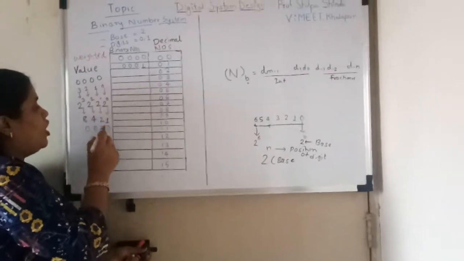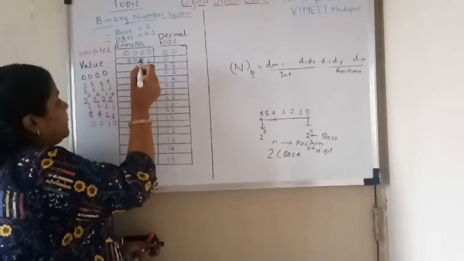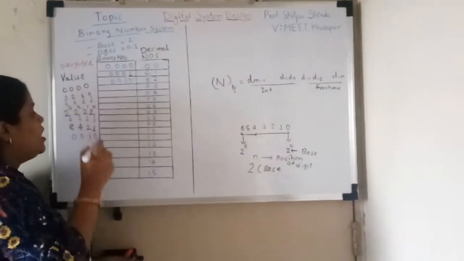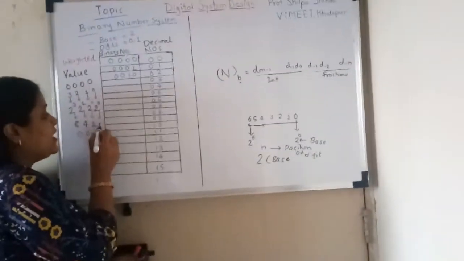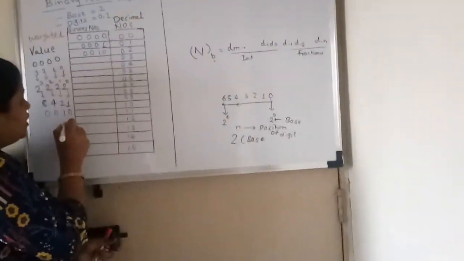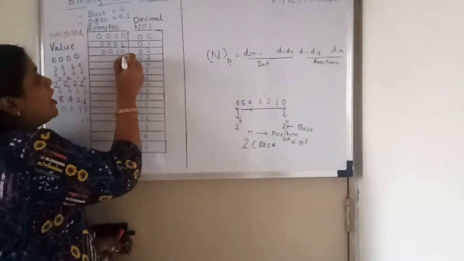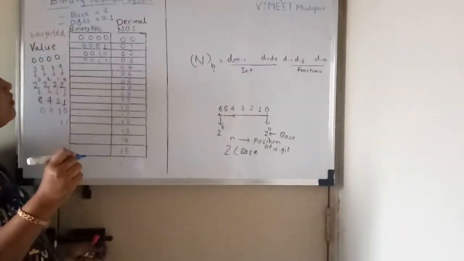So the value of 2 is 0 0 1 0. Now I want 3 to be displayed. 2 plus 1 is 3, so 2 bits will turn to 1: 0 0 1 1. This is the value of 3.